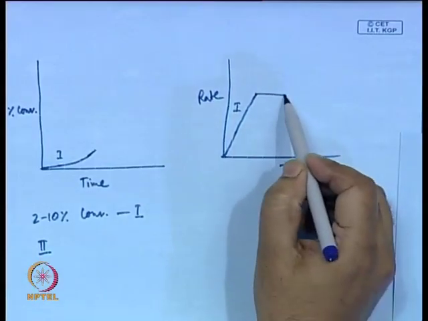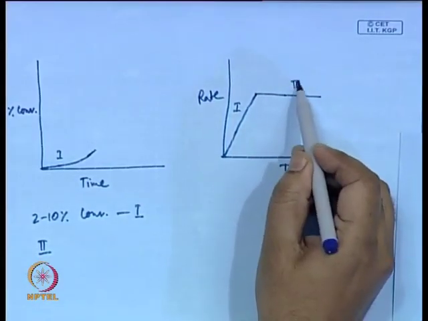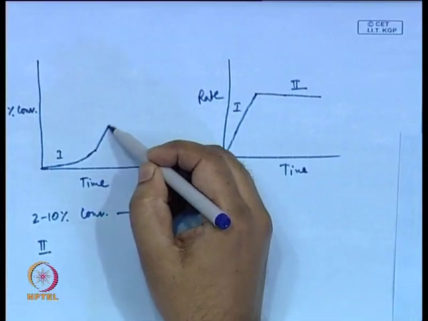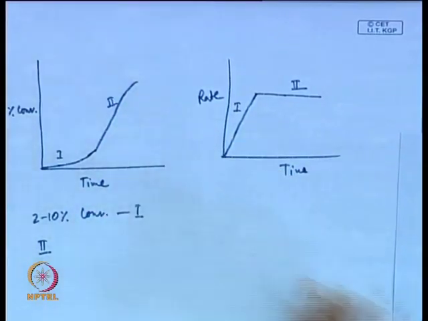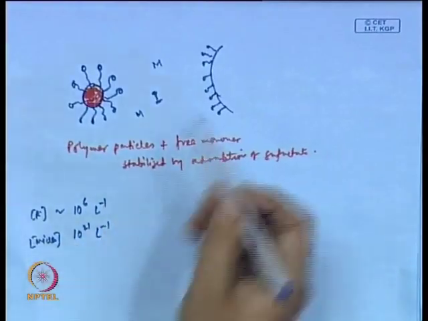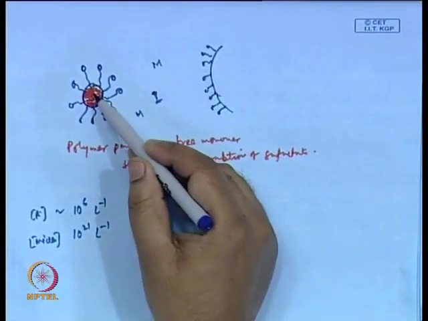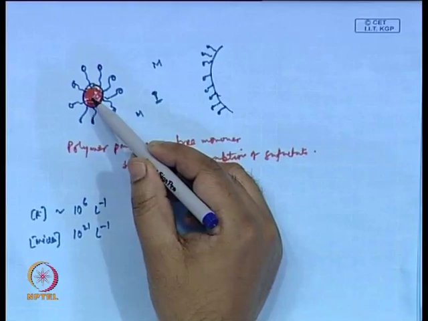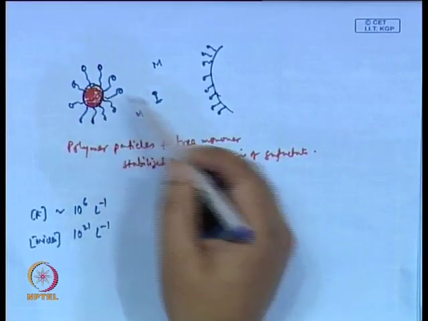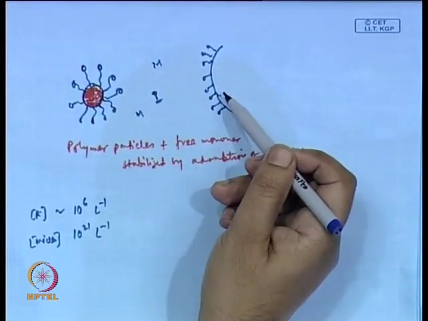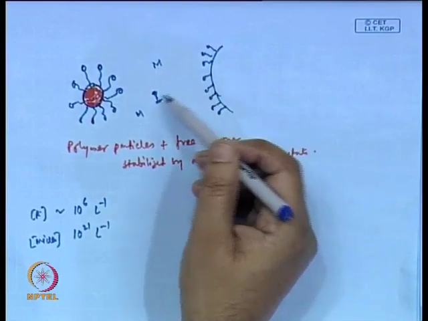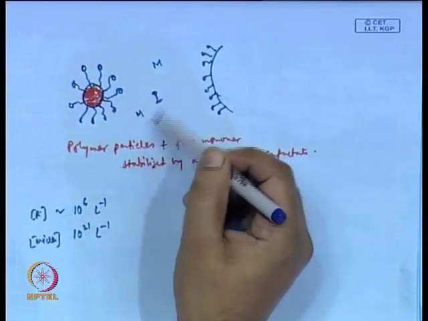So, what is happening in stage 2? One more time, as the polymerization progresses, monomer is getting depleted, and that is replenished by the supply of monomer from the droplets via the aqueous medium.